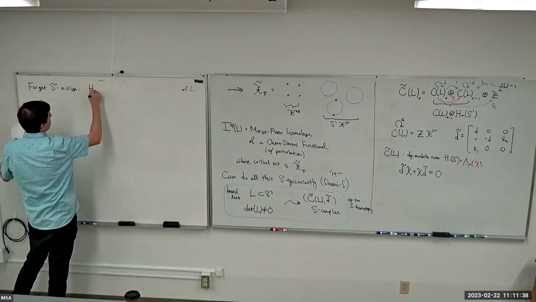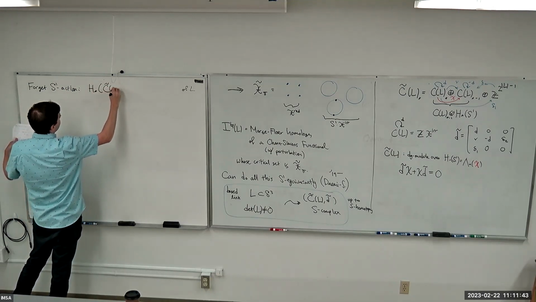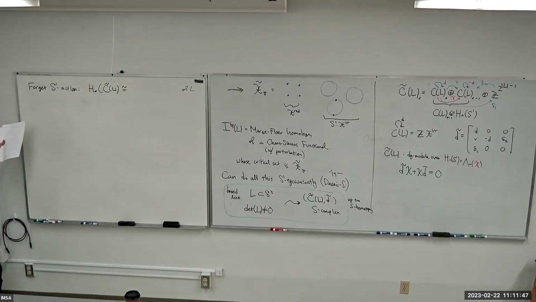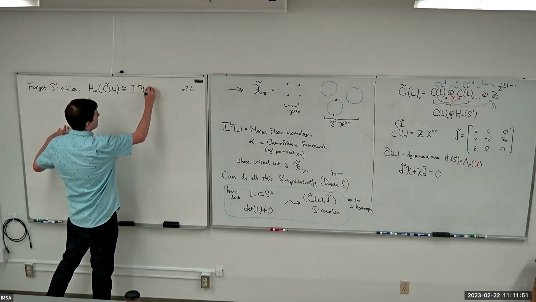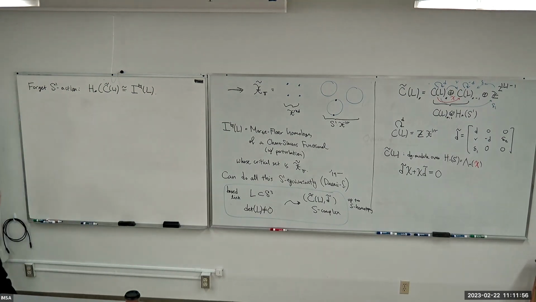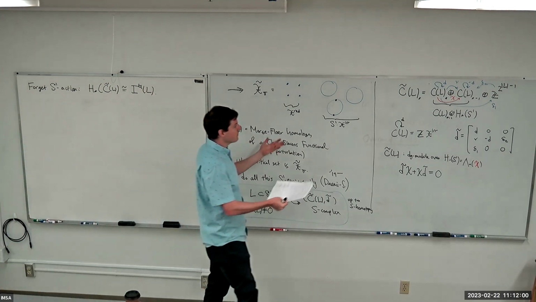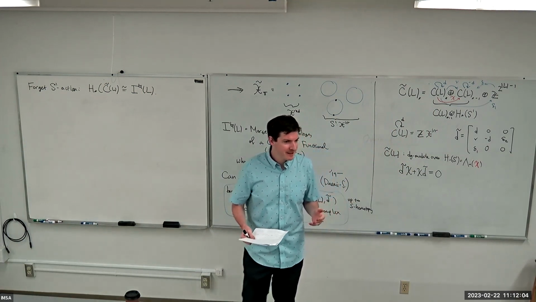That amounts to just taking the total homology of the complex. And in this case, you will just get I natural. So as Nikolai pointed out, this is not the original definition of I natural. It's kind of a recasting of I natural. I natural is what you get if you do this circle equivariant construction and then take the total homology, kind of ignoring the circle action at the end.